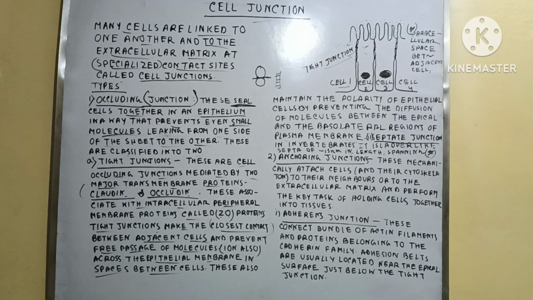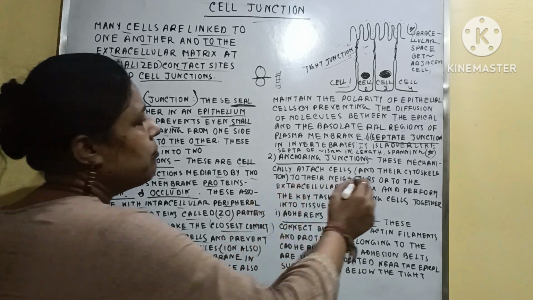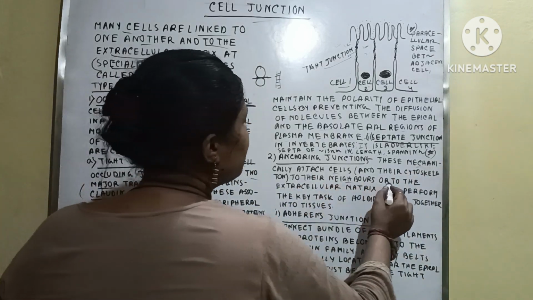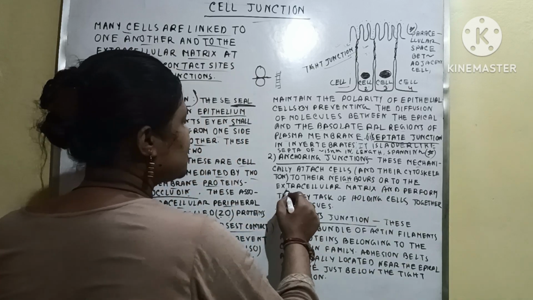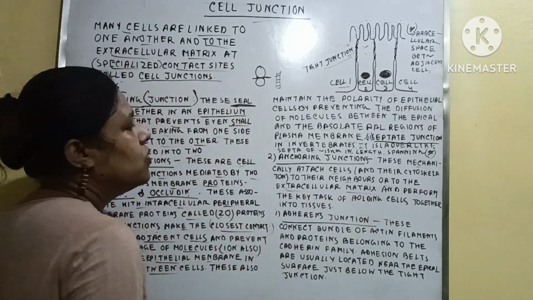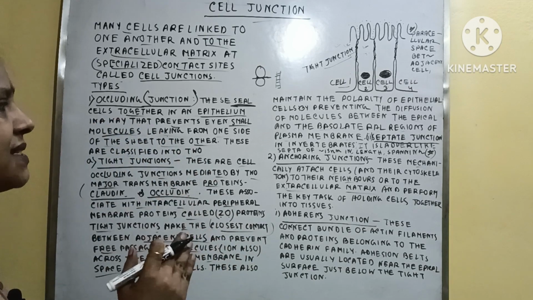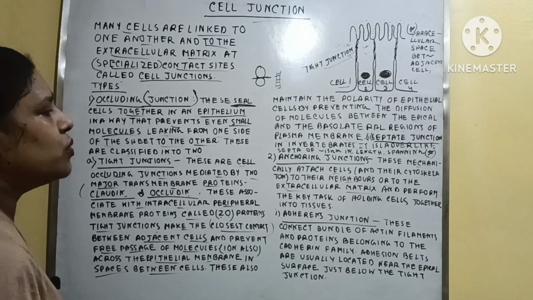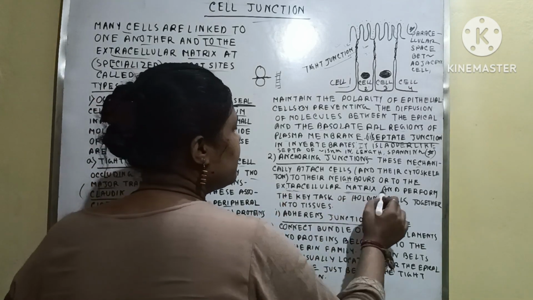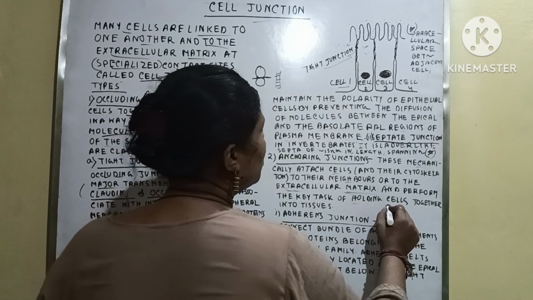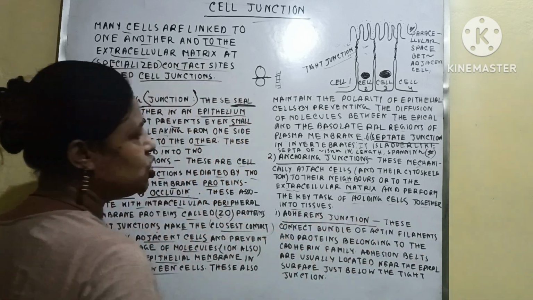The next junction is the anchoring junction. These anchoring junctions mechanically attach the cells to their neighbors or to the extracellular matrix, where neighbors means one cell with another cell, and perform the key task of holding the cells together into tissues.